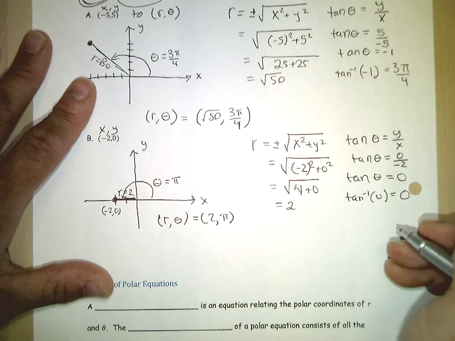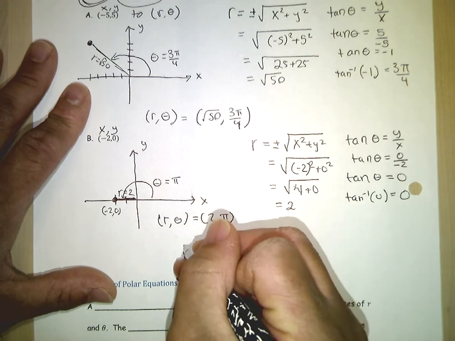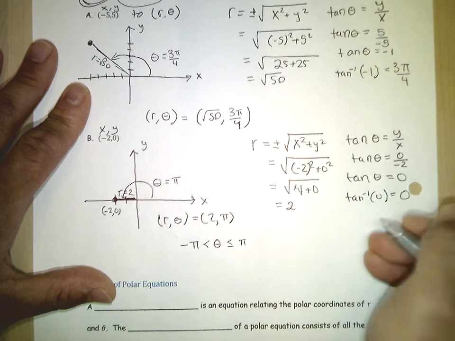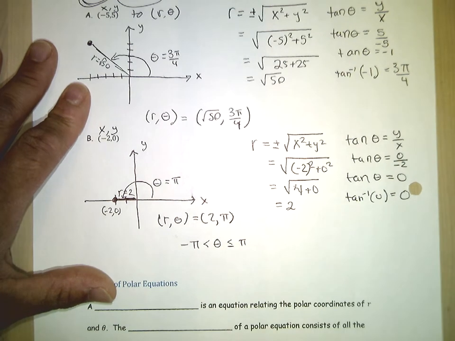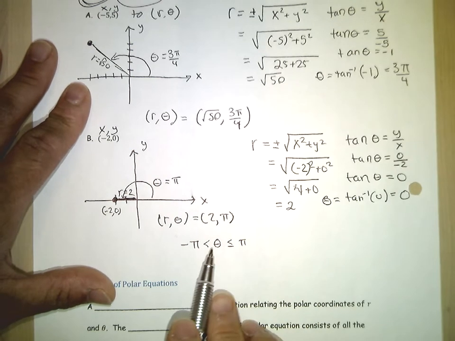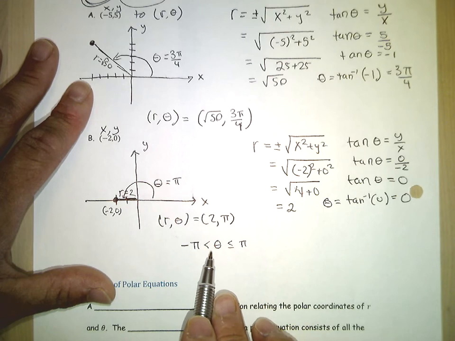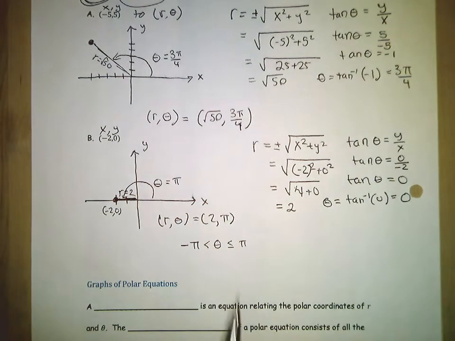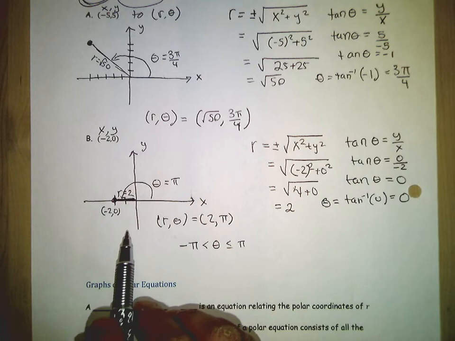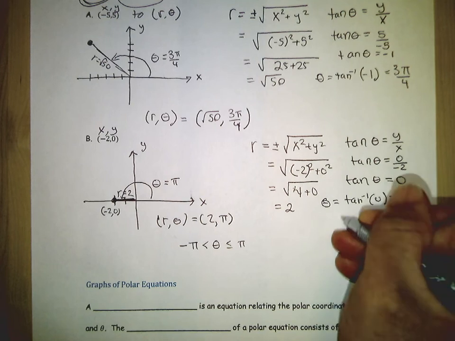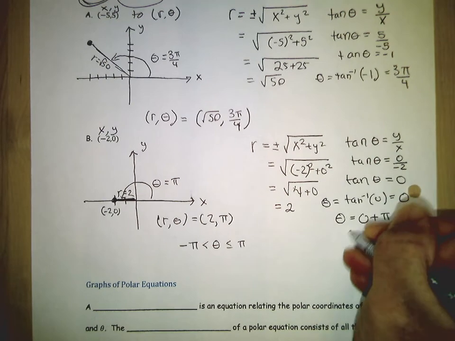So you wanted this again to be between the negative pi and pi. So you want the theta to be between the negative pi and pi, but 0 is okay, but remember that theta could also be 0 plus pi, and therefore we get pi.